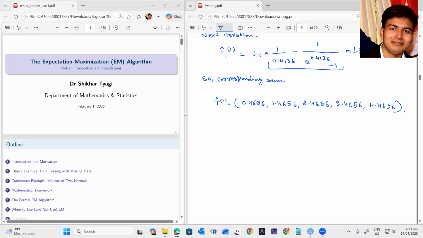That will be T1's values. Then we take the corresponding sum.